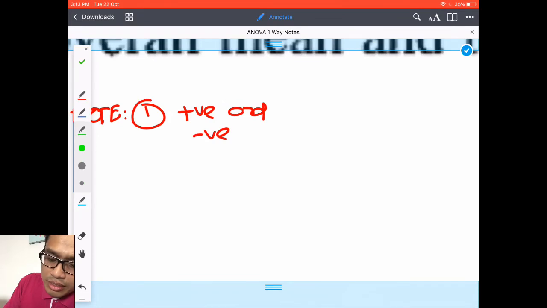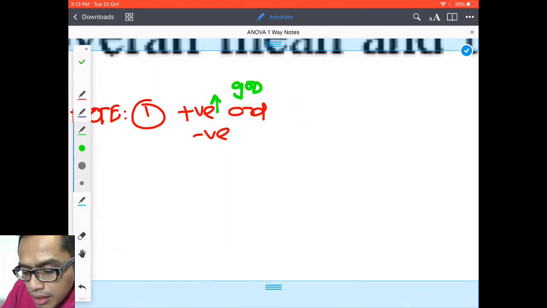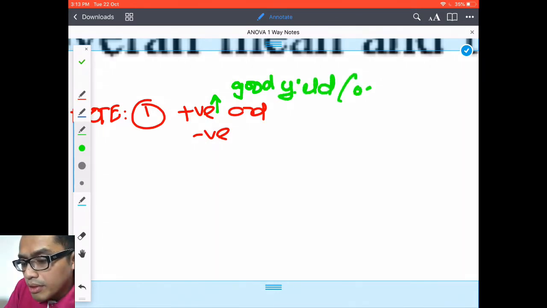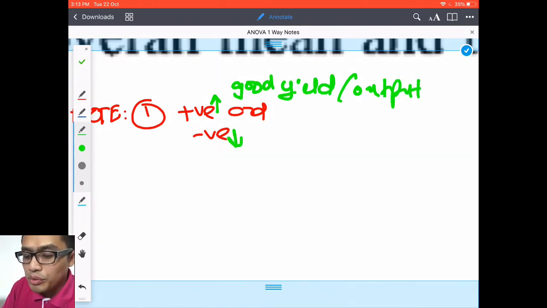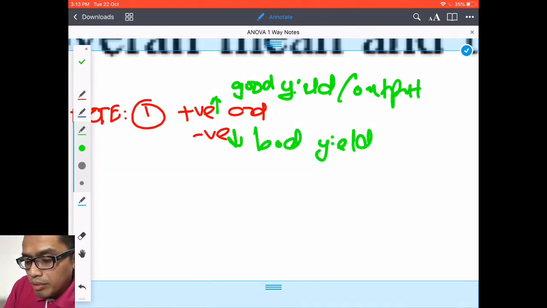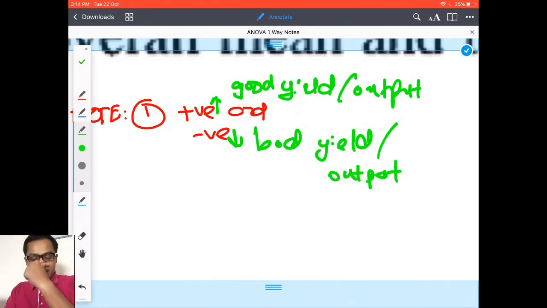Positive means going up, that means good yield or good output. Negative means not so good output or bad yield. But again, this depends on your case. In this case, we want to see strength, so a positive value will give you good strength and a negative value will give you less strength.